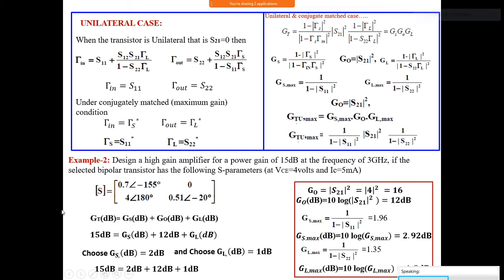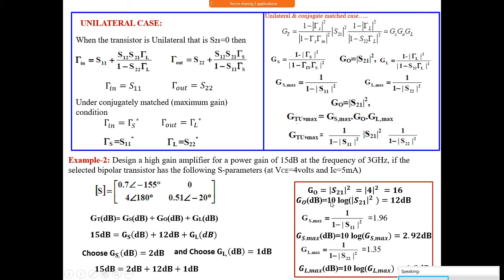So you should now decide what the values of GS and GL are. To do that, you have to calculate G naught. G naught maximum can be calculated by using this. I have made a calculation here. What is G naught? S21 magnitude square is 16.